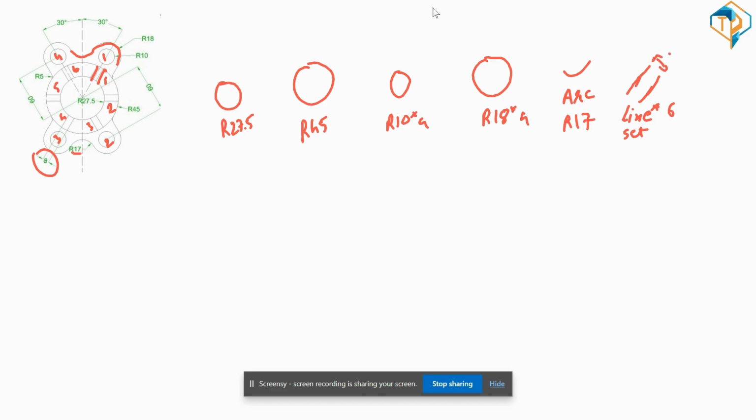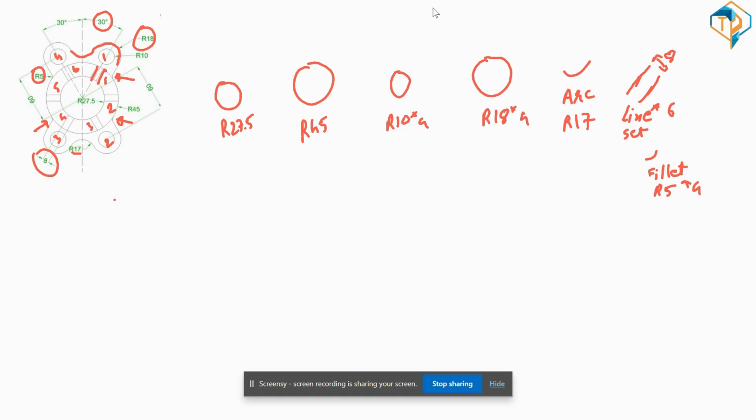The distance between two lines is 8 mm. Then this is filleted at four places, fillet of R5 at four places. And these are the degree constraint. This is the dimensional constraint.